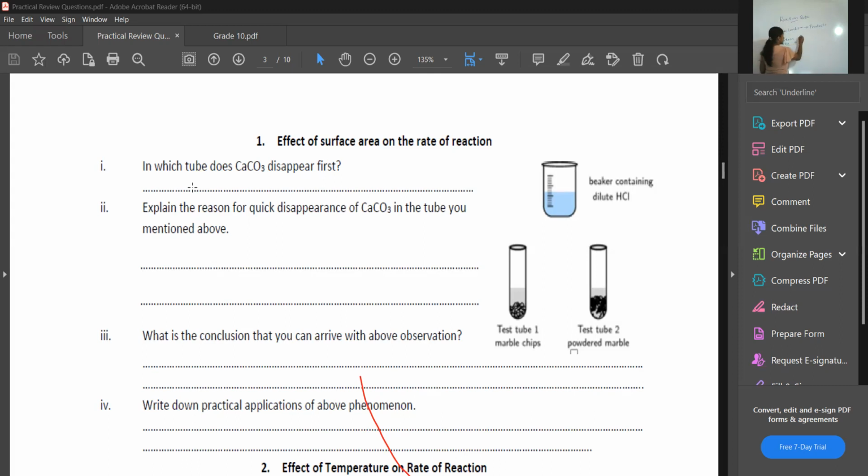Amount of reactants used. And to get the rate, we have to divide this by the time, right? Or one of these two, we can use one.